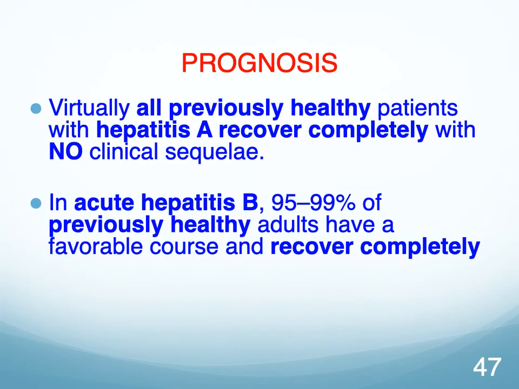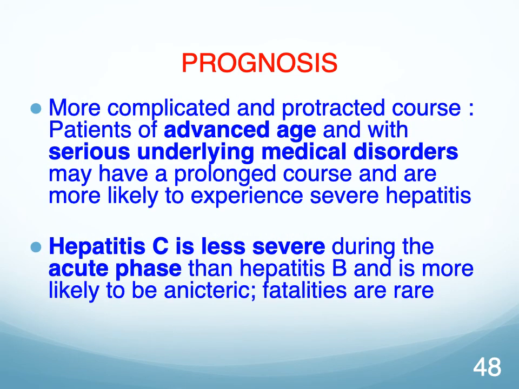In virtually all previously healthy hepatitis A patients, recovery is the rule. In advanced age and with serious medical conditions, sometimes the presentation is more severe, whatever the hepatitis is.